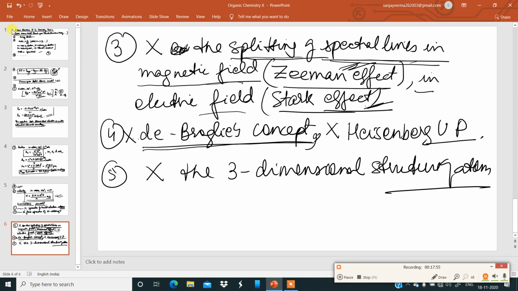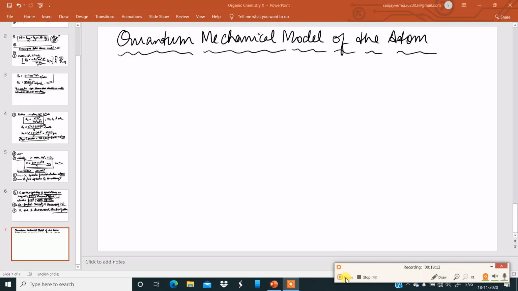That was the reason why Bohr's model of the atom was not successful. Now the next thing I'll discuss is the most important part of this chapter, the quantum mechanical model of the atom.